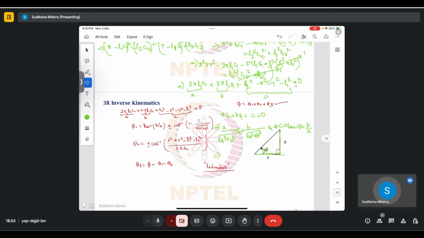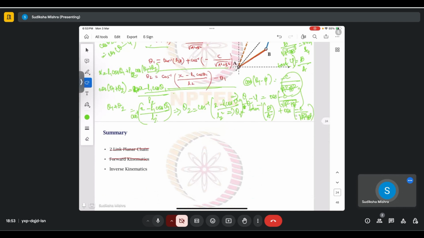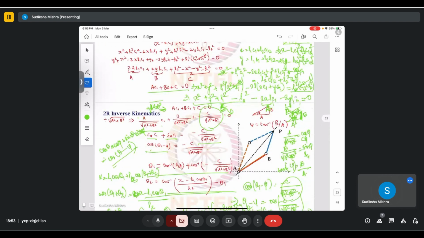Now this essentially becomes a by root a square plus b square is cos psi, so cos psi C1 plus sin psi S1 plus c is equal to 0. This again becomes cos of psi minus theta or theta minus psi, and depending upon that you will get your answer. So here we considered this to be theta minus psi.